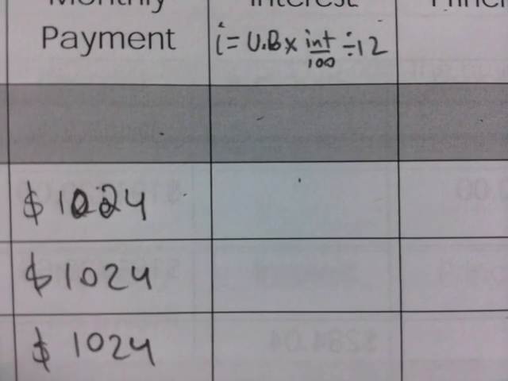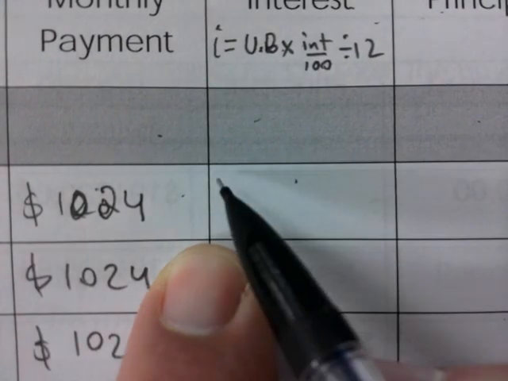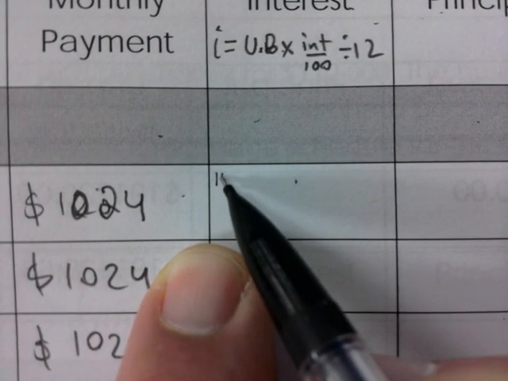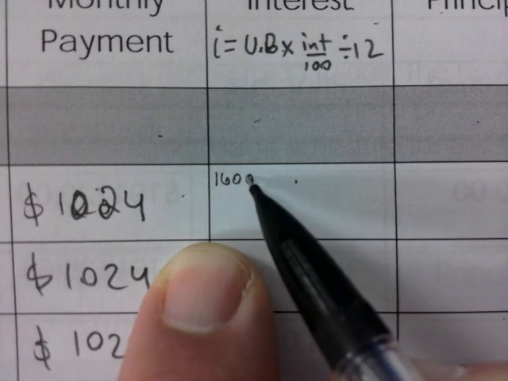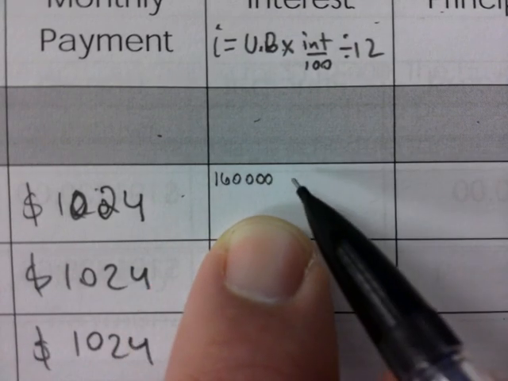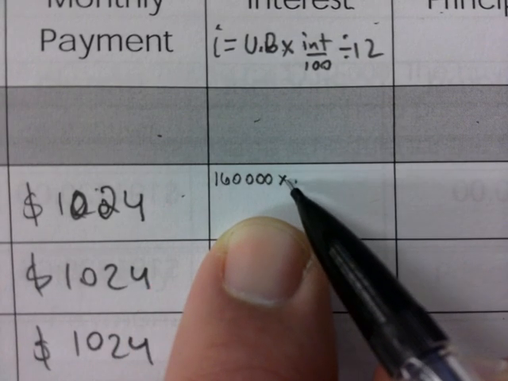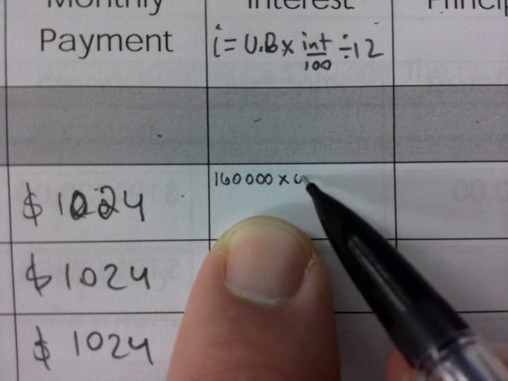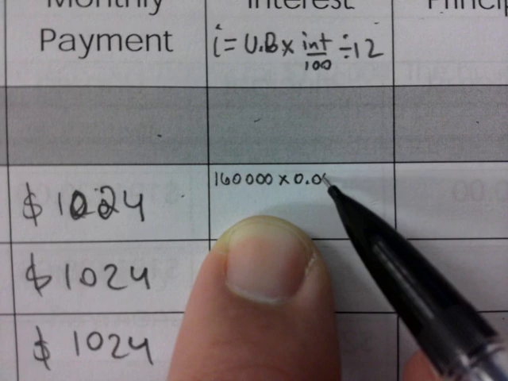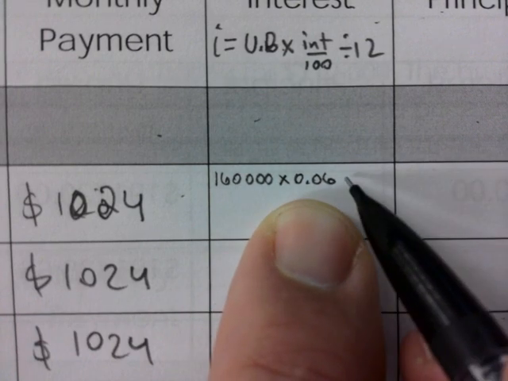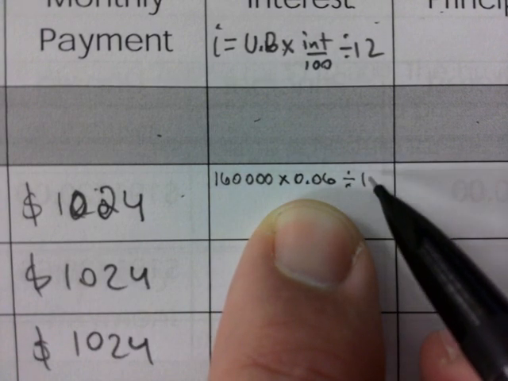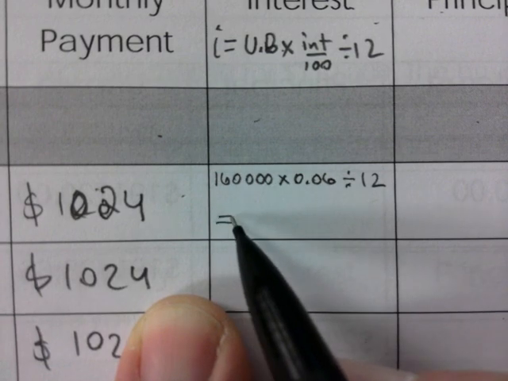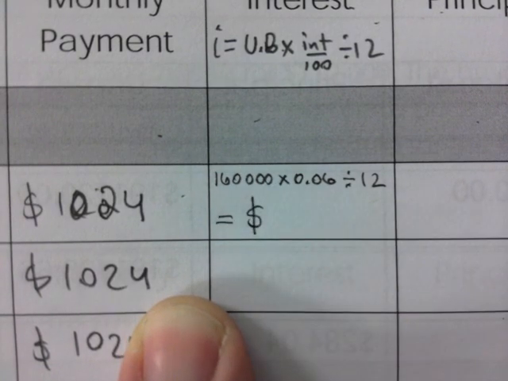So at the very beginning, the unpaid balance is 160,000. Times, what's my interest rate? It's 6% in this case, 0.06 if you divide it by 100. And all of that gets divided by 12. That's how you get this answer here.